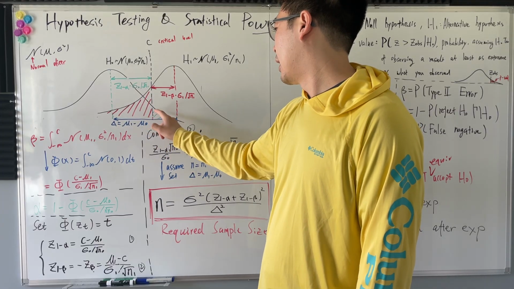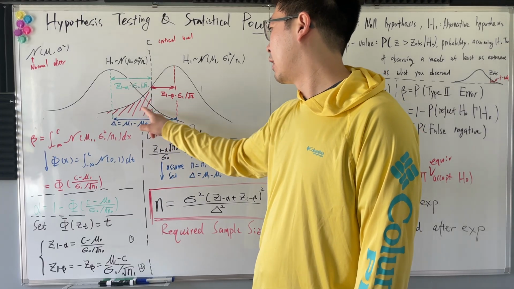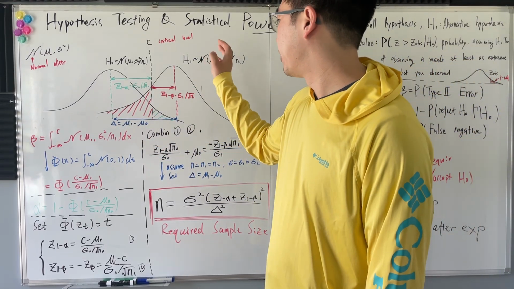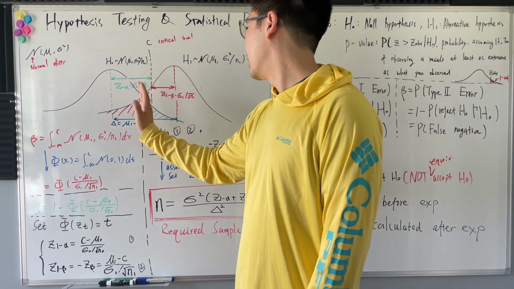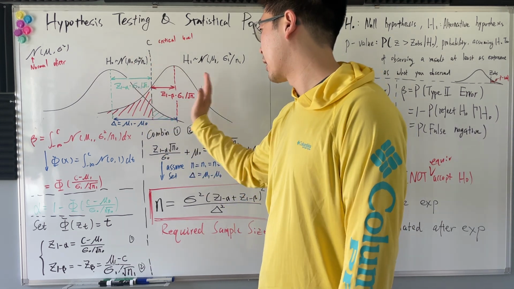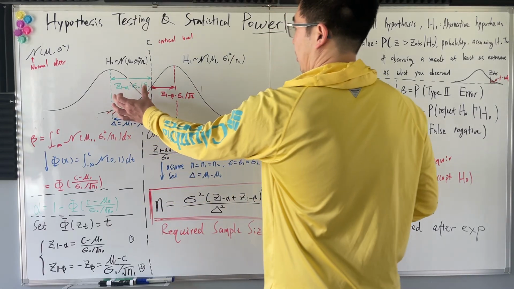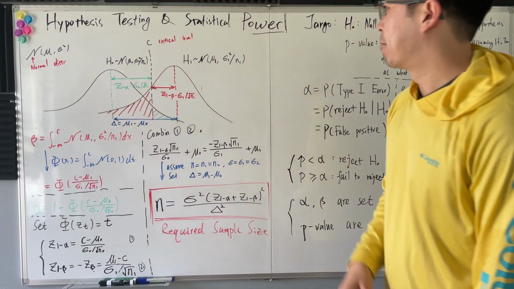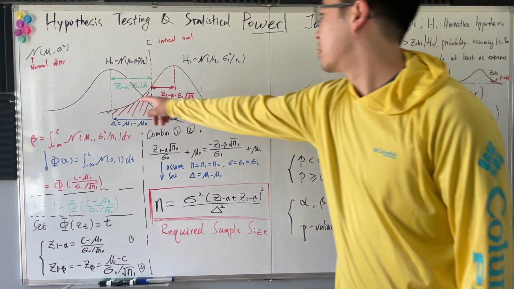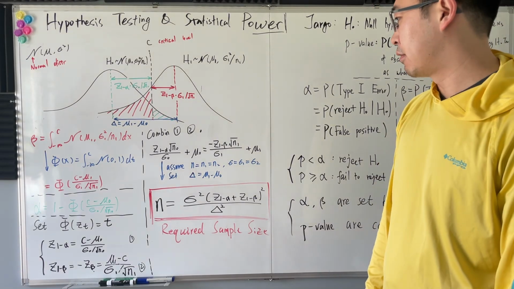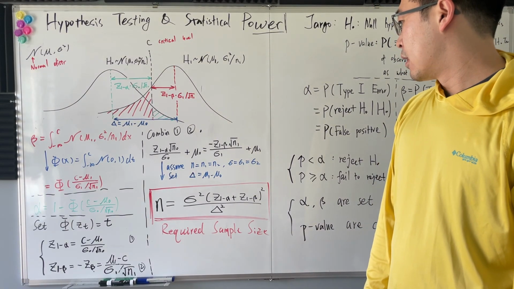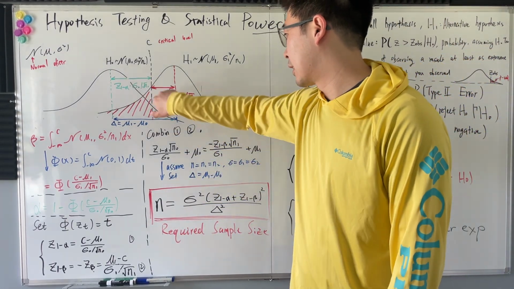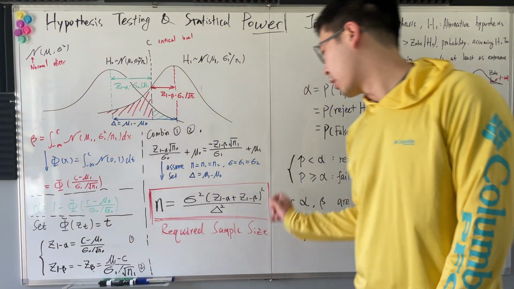The right-hand side triangle is alpha, the left-hand side is beta, and the distance is delta. The critical level is the boundary between those two, and you can shift it back and forth. The width scales inversely with n and is proportional to the sample standard deviation, and those add together to equal delta, resulting in the required sample size formula.